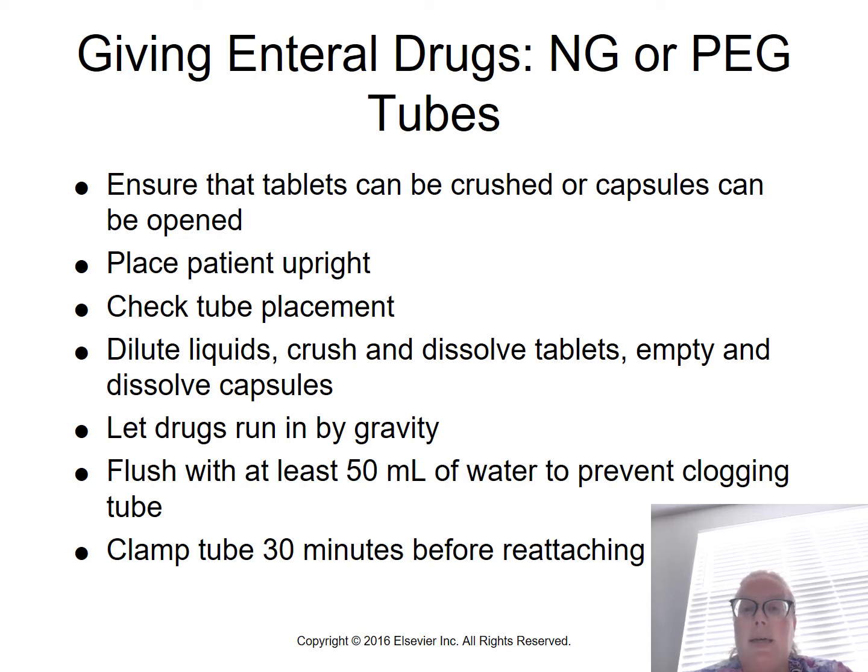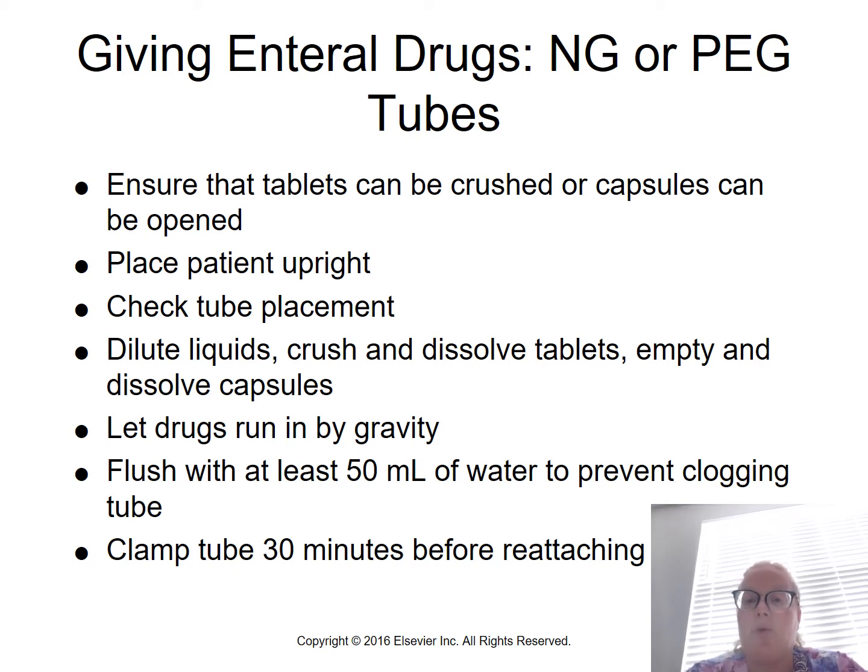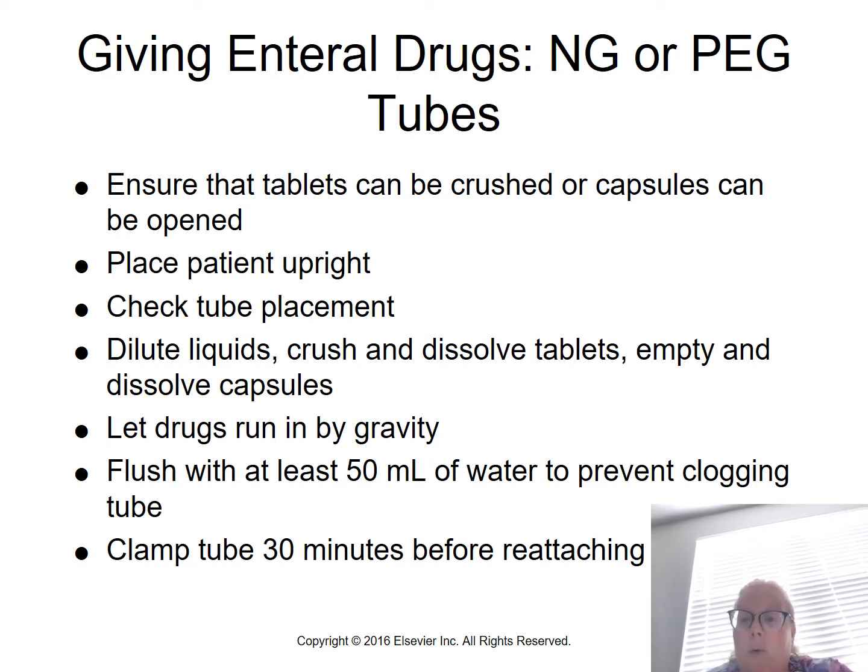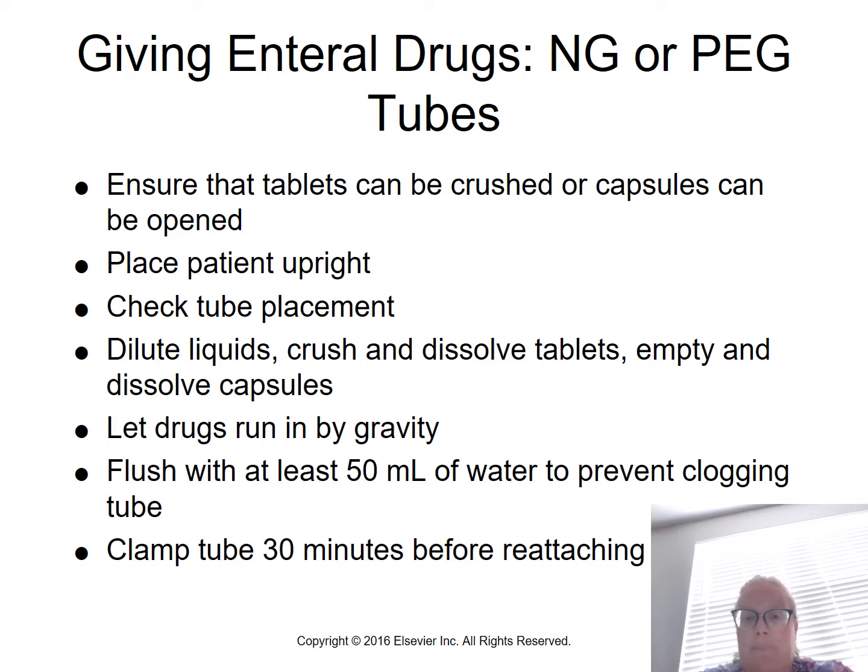But nowadays, to help ensure safety, we dilute and crush and dissolve each medication one by one and administer each medication one by one. We usually just flush with maybe 20 cc's of water in between each medication, but then we know which medication the patient received and which one they did not, just in case for some reason they didn't receive them all. We know which ones they did. When you mix them all together, you don't know who got what when.